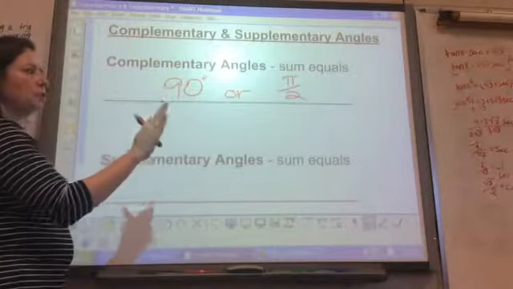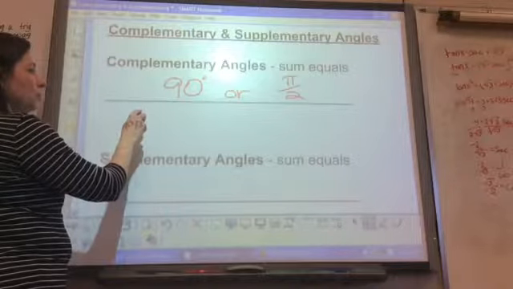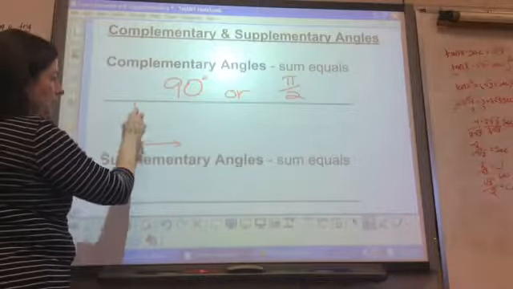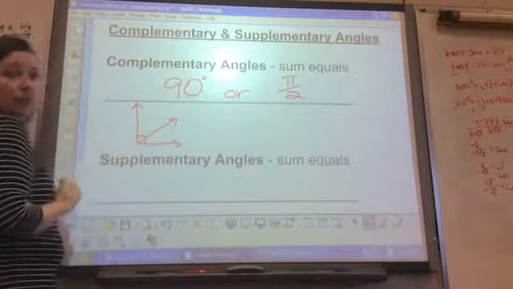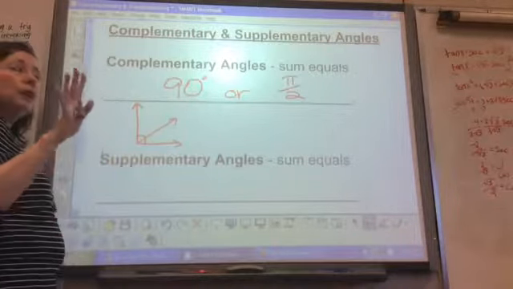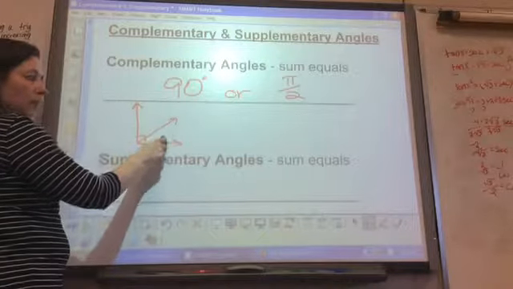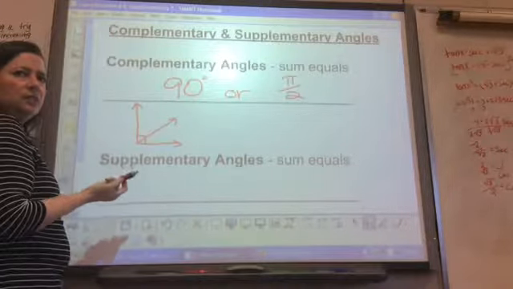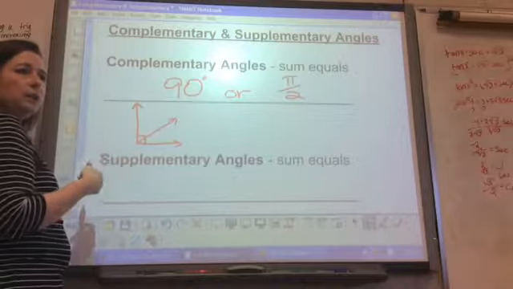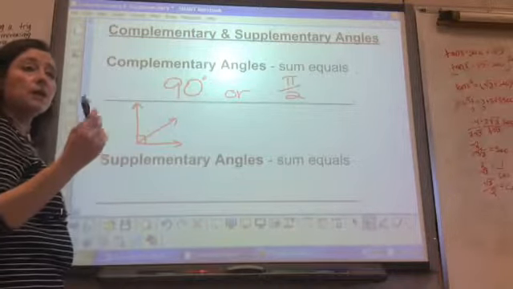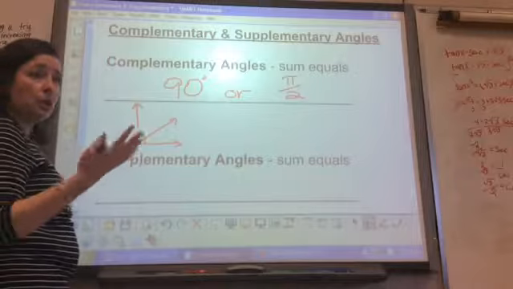All right, now let me make sure you remember, complementary angles are when you have two angles that add up to be 90 right there. So if I know one of them and I want to find the other one, what would I do? You subtract from 90, that's really all you're going to be doing on all of these.